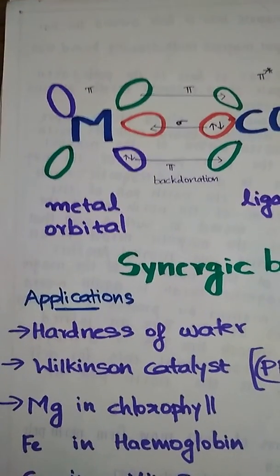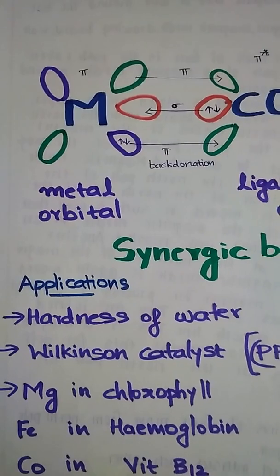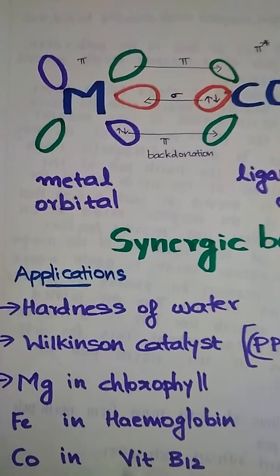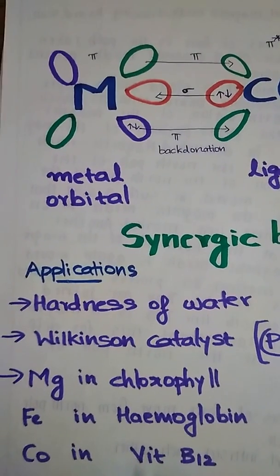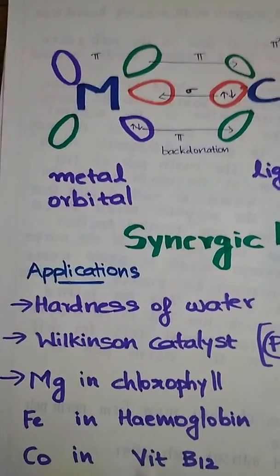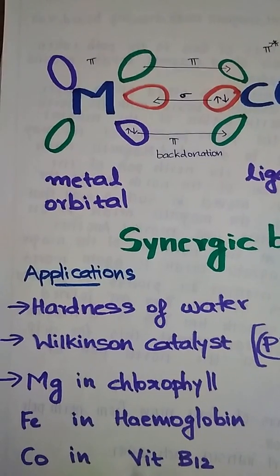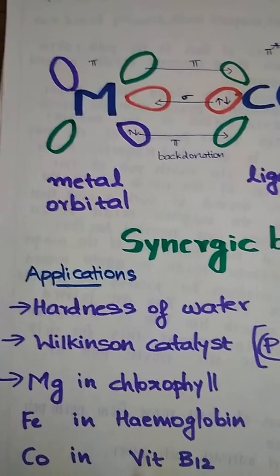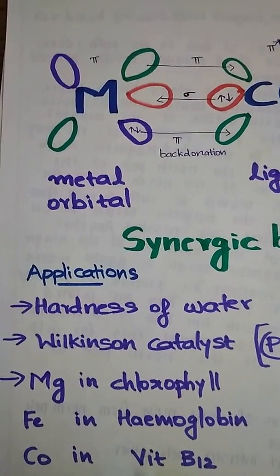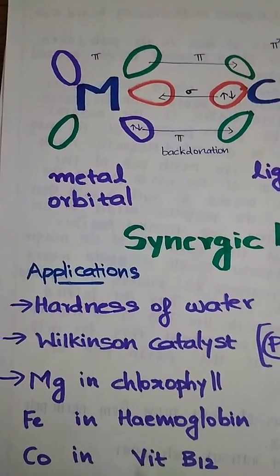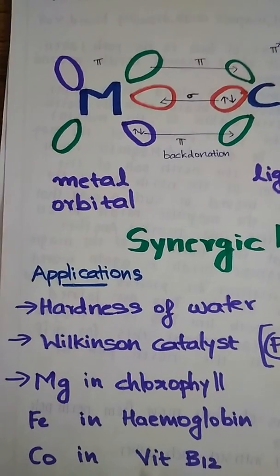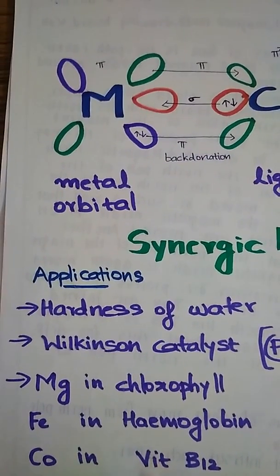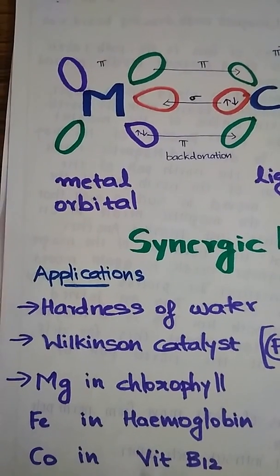Another application is at the bioinorganic level. That is, coordination complexes can also be used at biological levels. Such as in plants, we can see chlorophyll. Chlorophyll is mainly a coordination complex in which the metal atom present is magnesium. Hemoglobin, that is in our blood, contains iron as the metal atom.